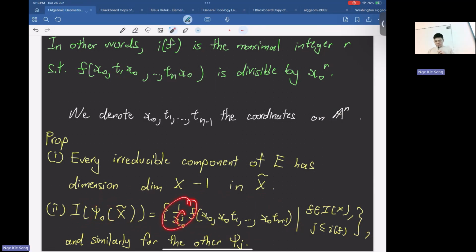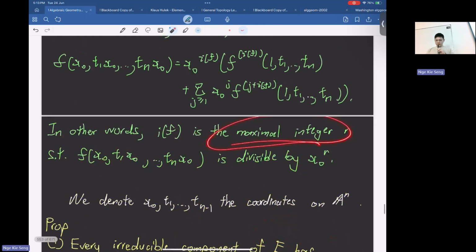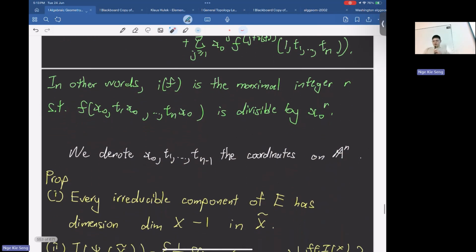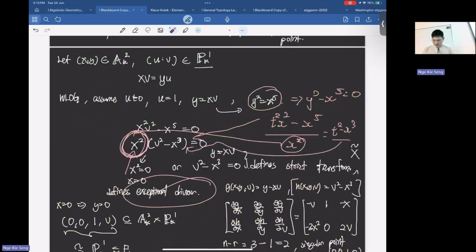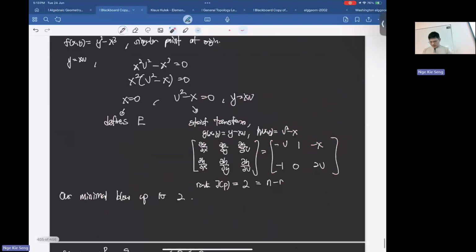What's this j here? This j comes from this IF, the maximal power of x naught that divides this point. Any other question? I think this is what I can see so far.